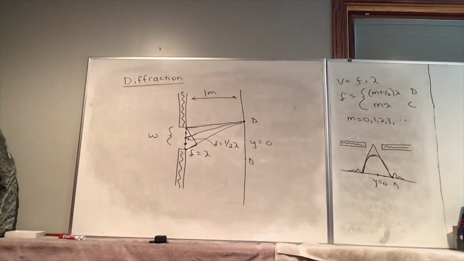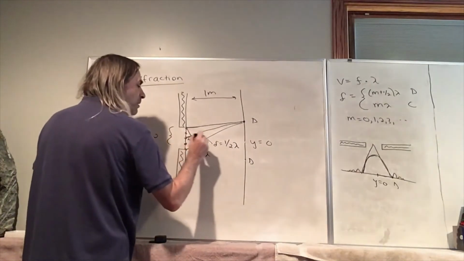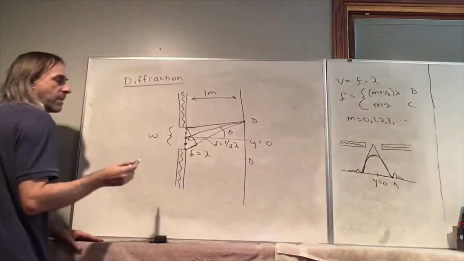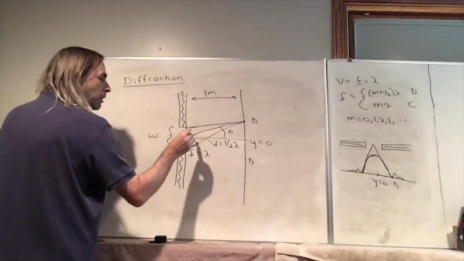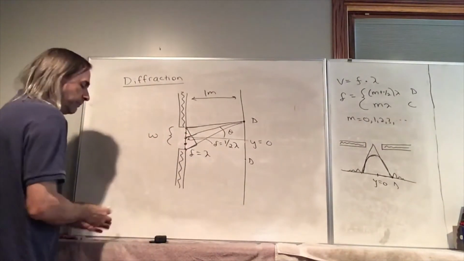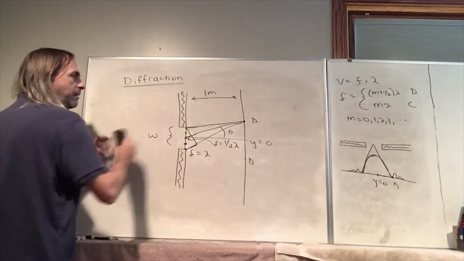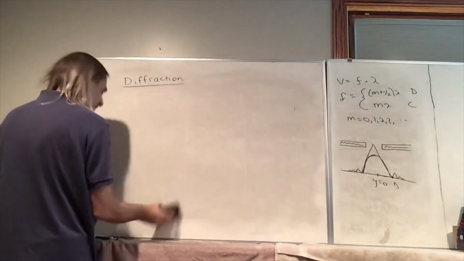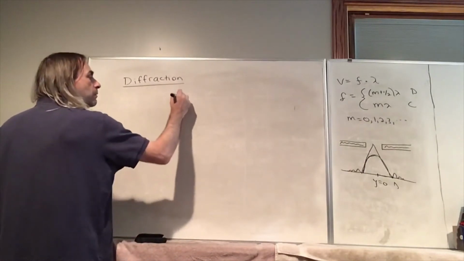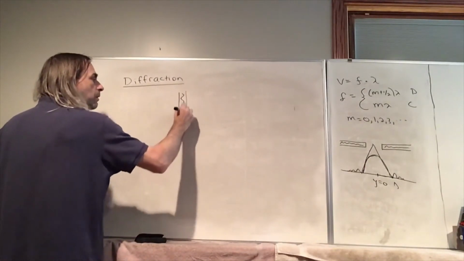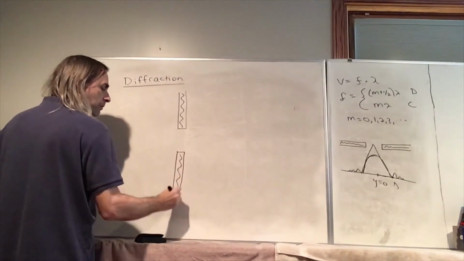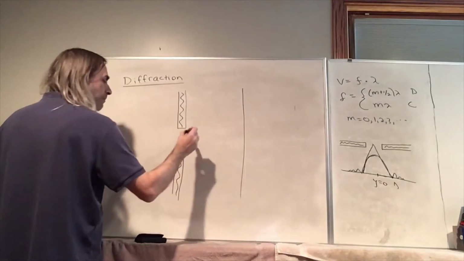Okay, now we want to find this angle theta. So we define theta to be this angle. I'm going to start over. Draw the same picture, just a little less cluttered. So here's our screen.